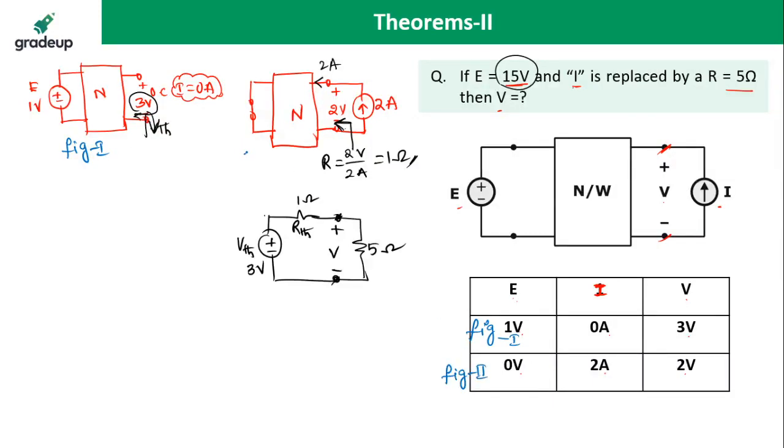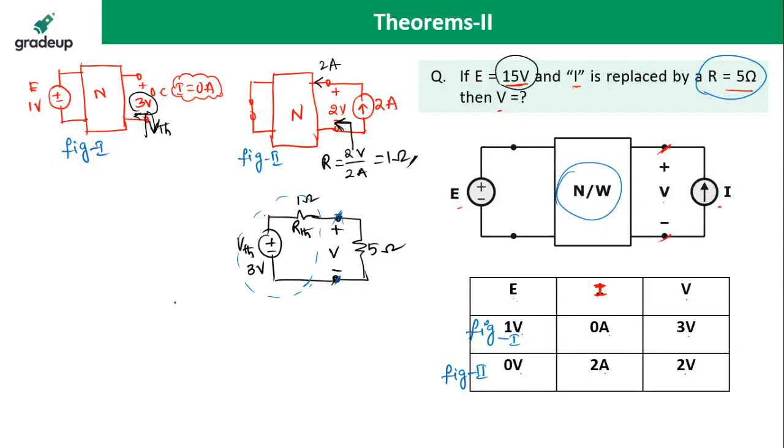From it I got RTH and from figure 1 I got VTH. The block box of the network is an equivalent network. All right, now across these two terminals I have connected whatever the given resistor.